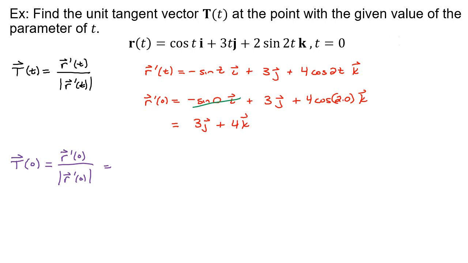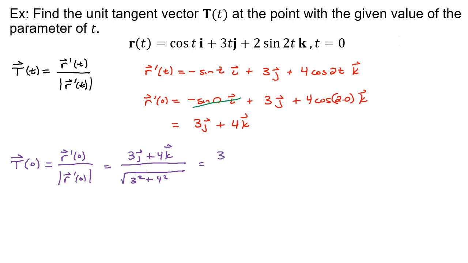I was wondering why I needed the other one. r prime at 0 would be the 3j and the 4k. And I'm going to divide that by the magnitude of the 3 squared and the 4 squared.